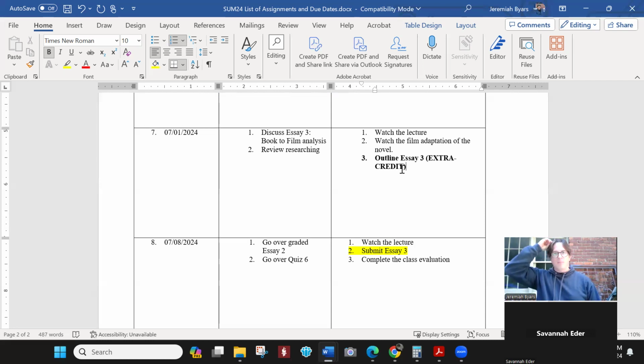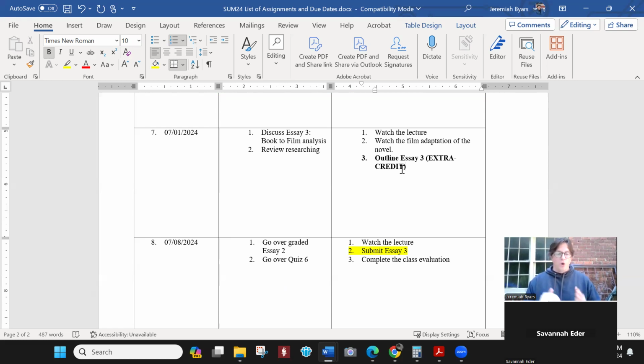It reduces AI usage, and I want to show you an example of a paper that I feel like someone used AI on, which I can't prove, but their paper didn't follow my format. It didn't follow my outline. It didn't follow what I asked you to do. And so to me, that tells me that it was made up. So I'm still going to give you an outline for essay 3, and I'm still going to require that your essay be organized this way.